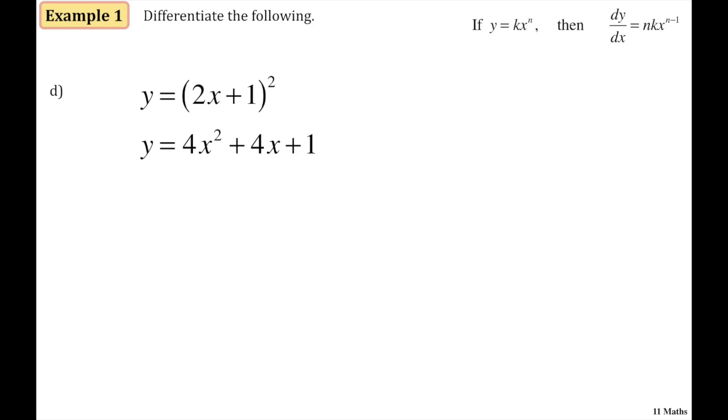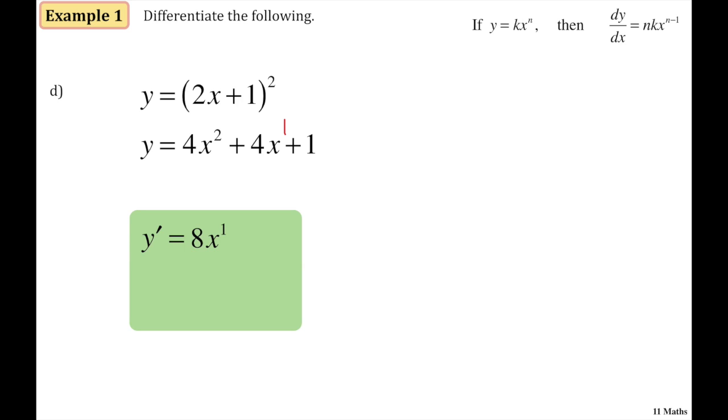And now we can differentiate. So let's differentiate the first term, 4x squared. The 2, which is part of the power, multiplies out the front. 2 times 4 gives 8x to the power of 1, which is better written as 8x. The 4x term, well, the power above the x, there's a 1 above it.